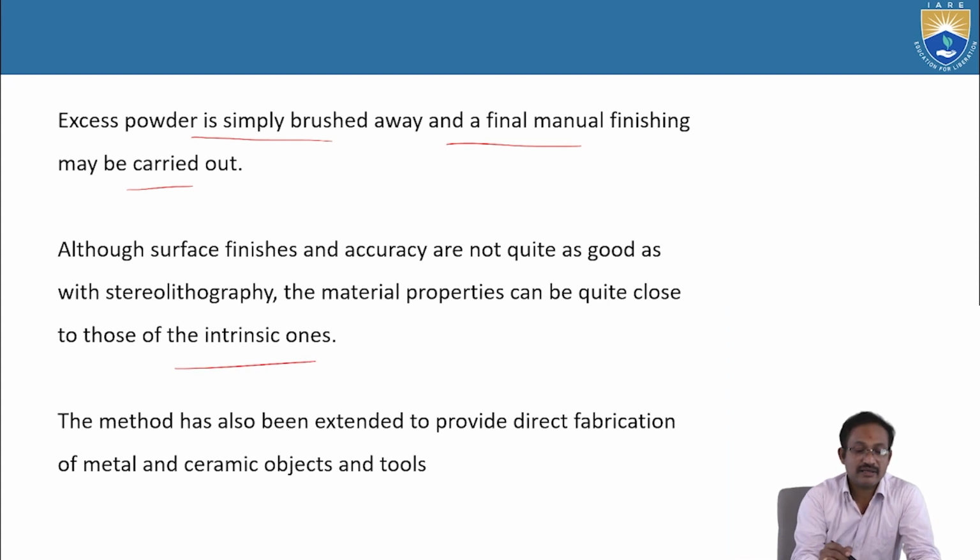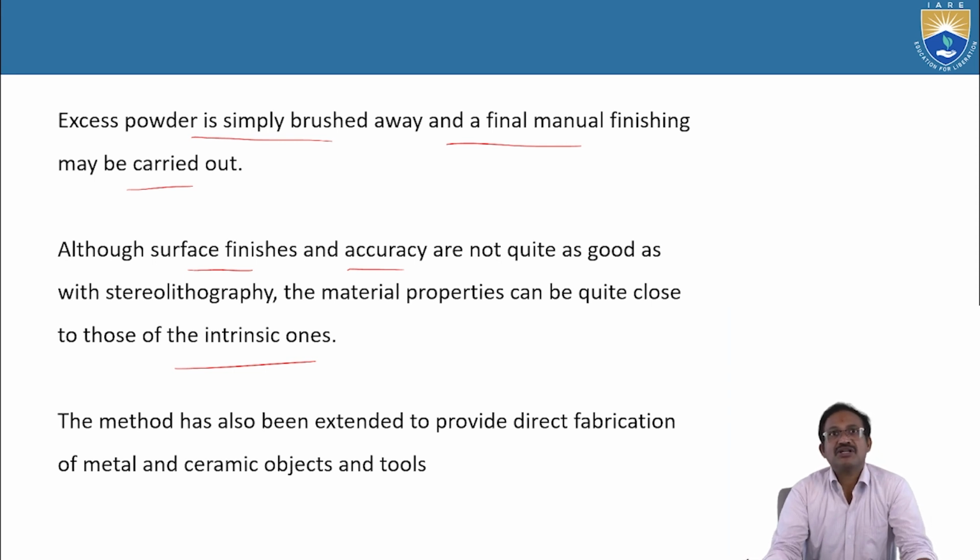Here surface finish and accuracy are not quite as good as with stereolithography, but the material properties can be quite close to the intrinsic ones. The method has also been extended to provide direct fabrication of metal and ceramic objects and tools.